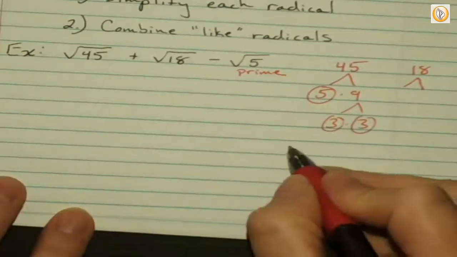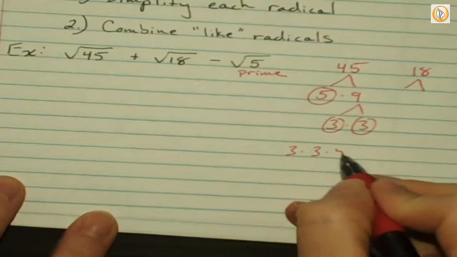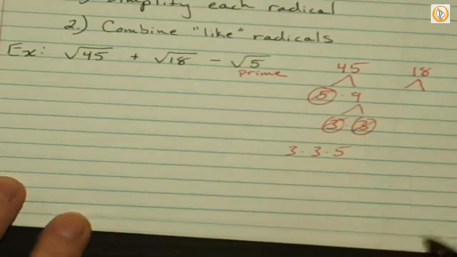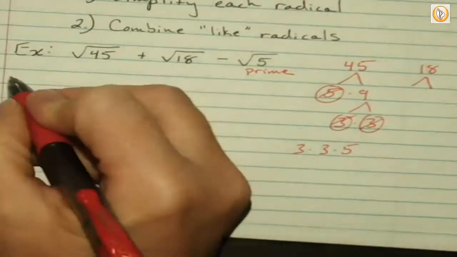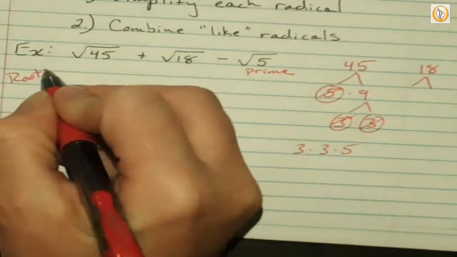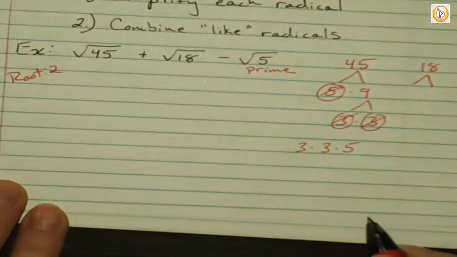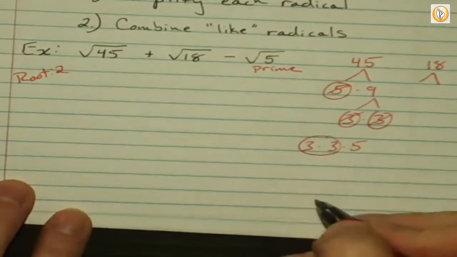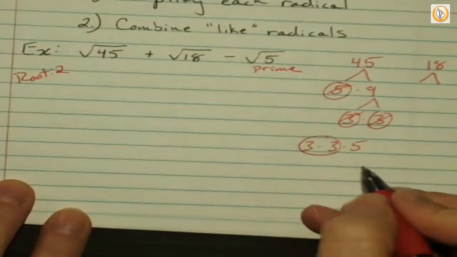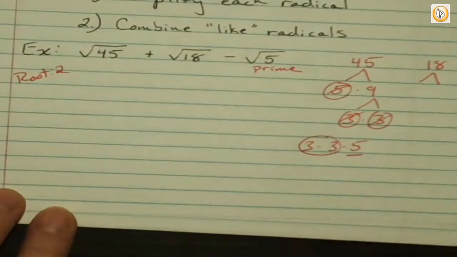Now I'm going to write my prime factors down here for that one. What's my root, Valeria? 2. Very good. So what am I circling, Valeria? 3's. Very good. What's my leftover, Valeria? The 5. Awesome.